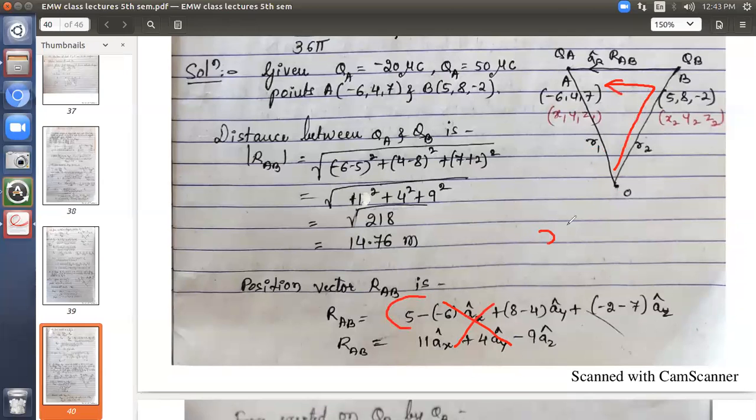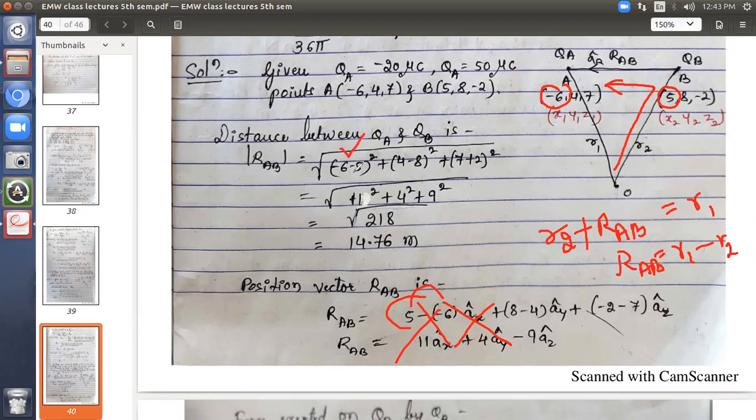If I take R2 plus RAB, let me write it clearly, equals R1. So what is RAB equal to? RAB equals R1 minus R2. If I take this R1 minus R2, the points will be minus 6 minus 5. Okay, I have taken it reverse, 5 minus of mine. So this is wrong. So take it in reverse, the way I have taken it here.